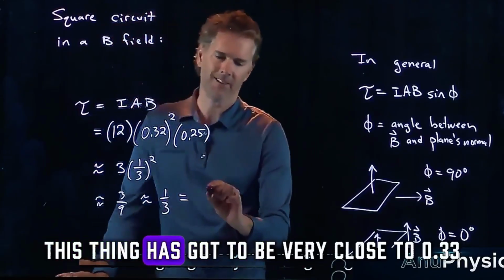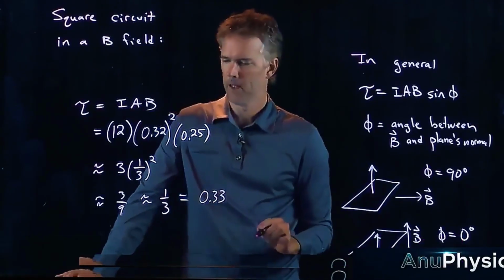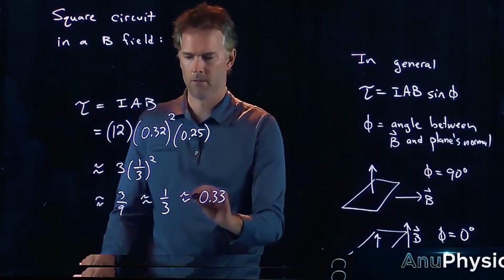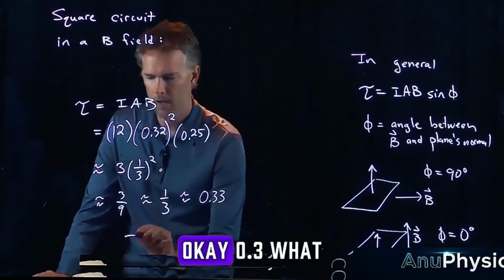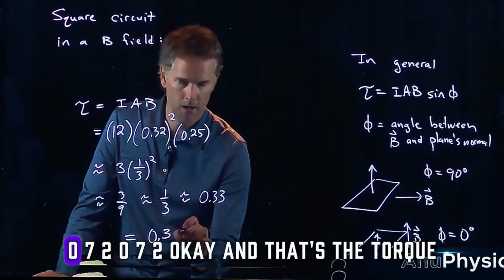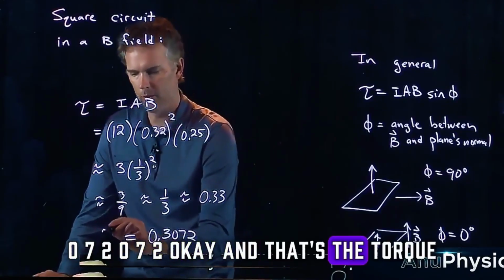So I'm going to say this thing has got to be very close to 0.33. Anybody get a real answer for that one? Okay. 0.3 what? 0.72. Okay, and that's the torque.